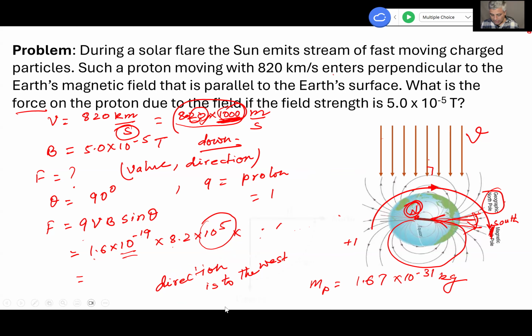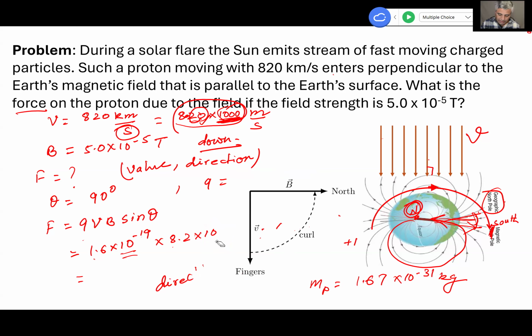Okay, so here I am showing you that. I cannot sketch hand and fingers, so I sketch this one here. You start fingers down and then crawl them towards the north, because the B is going to the north here. And then your thumb points. Let's see, in this case, which way should the thumb point?